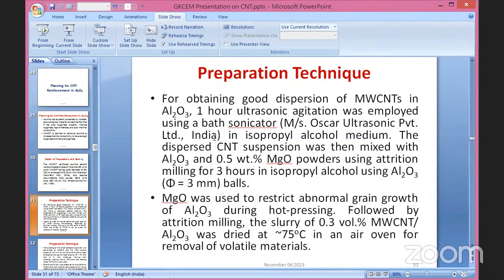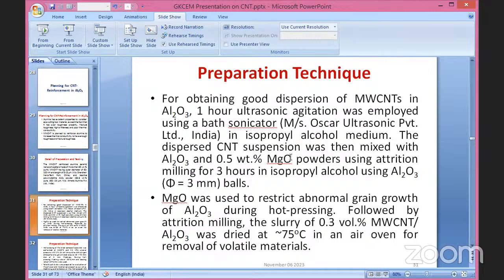The dispersed CNT suspension was then mixed with alumina and 0.5 weight% magnesium oxide powder using attrition milling for 3 hours in isopropyl alcohol using alumina balls of 3 millimeter. In that way, alumina and multi-walled carbon nanotubes are mixed thoroughly.